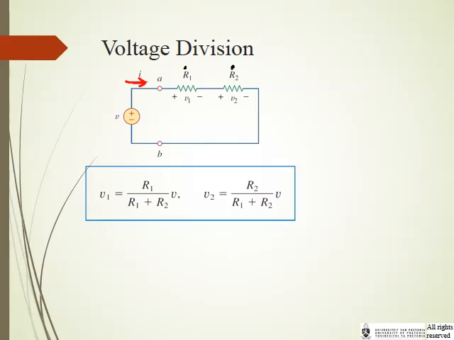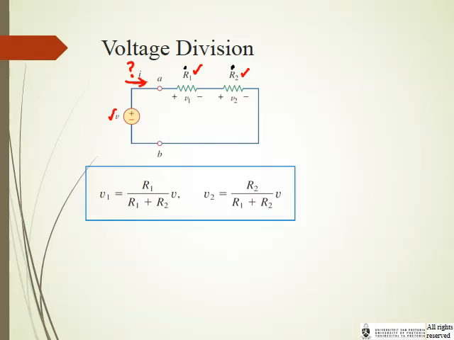If we first write down a current equation for the circuit, I want to calculate what the current is. Let's say we know what the voltage is, and we know what R1 and R2 are. So the only unknown in this circuit is the current.